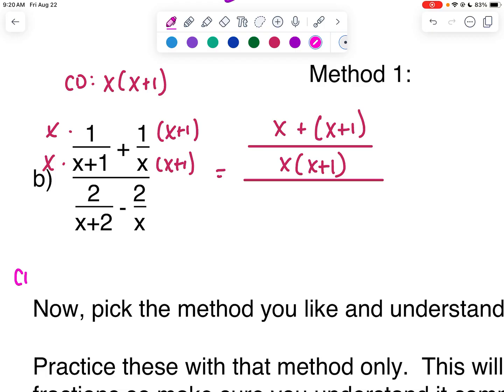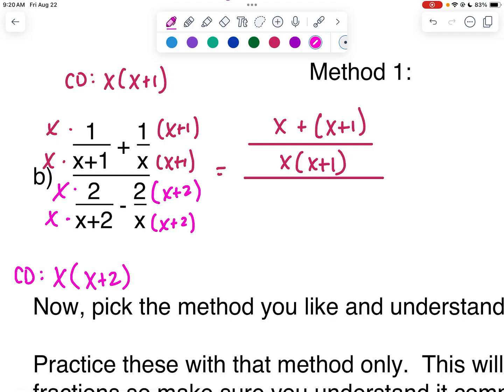And my common denominator for this guy is going to be x times x plus 2. So all I have to do on this side is multiply it by x, by x plus 2, and we can multiply it on through. So this becomes 2x minus 2 times the quantity of x plus 2, with the common denominator of x plus 2.